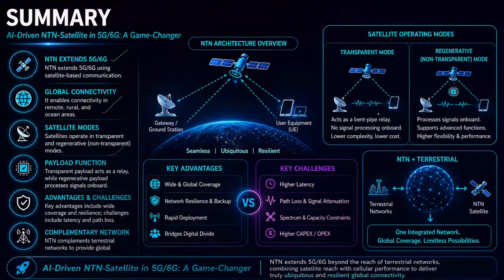And we have discussed various advantages and challenges of NTN, transparent payload, non-transparent payload, fixed beams, non-fixed beams, all these things. We have discussed the key advantages, the key challenges, how the transparent mode works, and how the non-transparent mode works. All these things are very important. Since time is very short, I'm not able to cover the AI part, but we'll try to cover that in the next session as well.